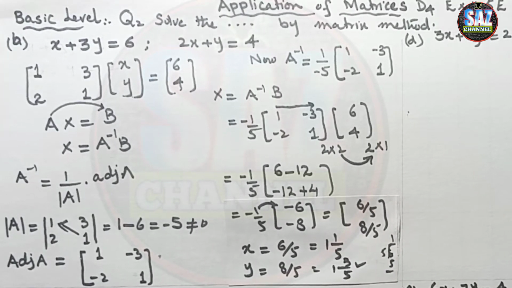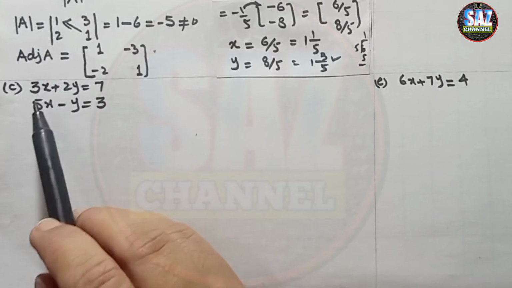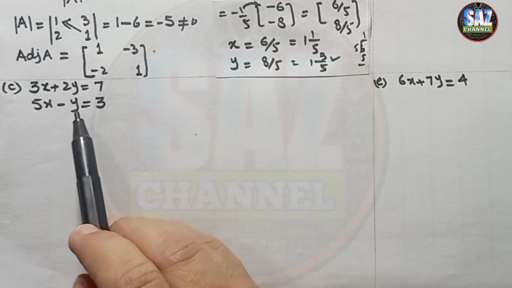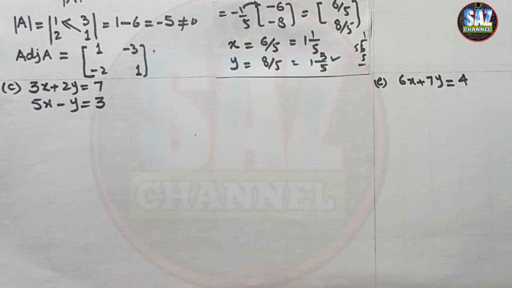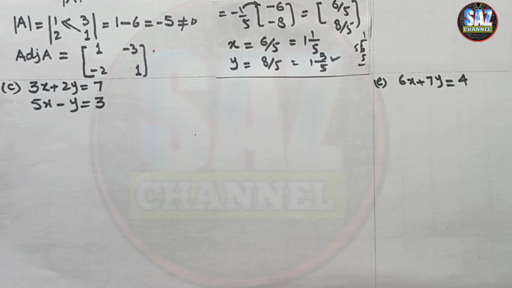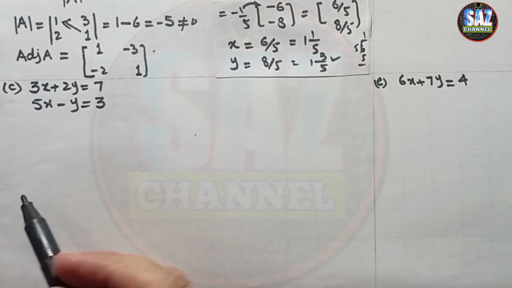In the next part, the question says that we have to solve 3x plus 2y equals 7 and 5x minus y equals 3. Recall, in order to solve the given set of simultaneous equations through matrix method, what is the first step? We have to write down the coefficient matrix.